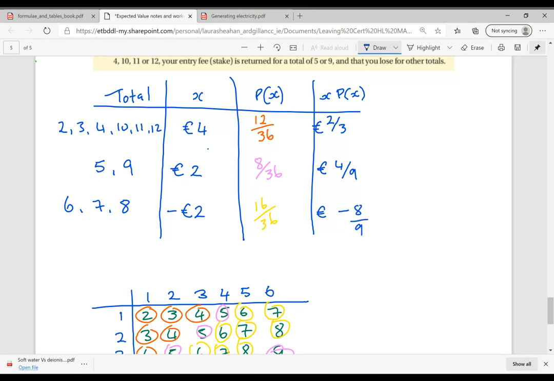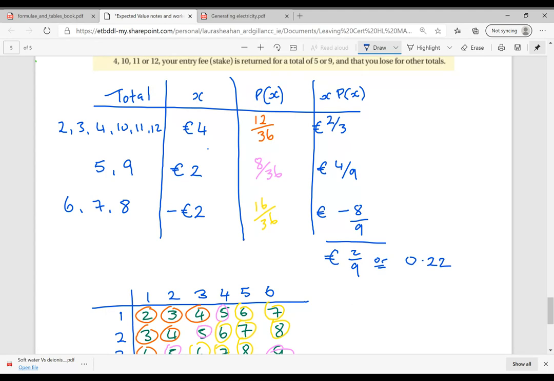Okay, or you can turn them into decimals, rather than writing them as fractions in euro. You can actually write them in decimals. Okay, and then at the very end, I get 2 over 9. Okay, so 2/9, or, okay, I'm now going to use decimals for this. It's 0.2222.